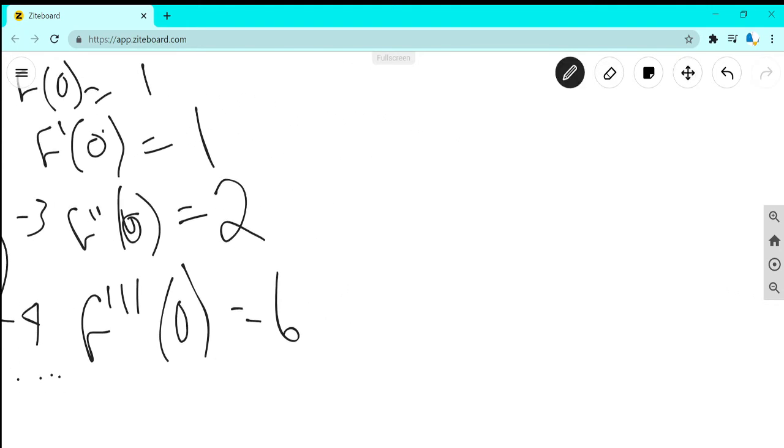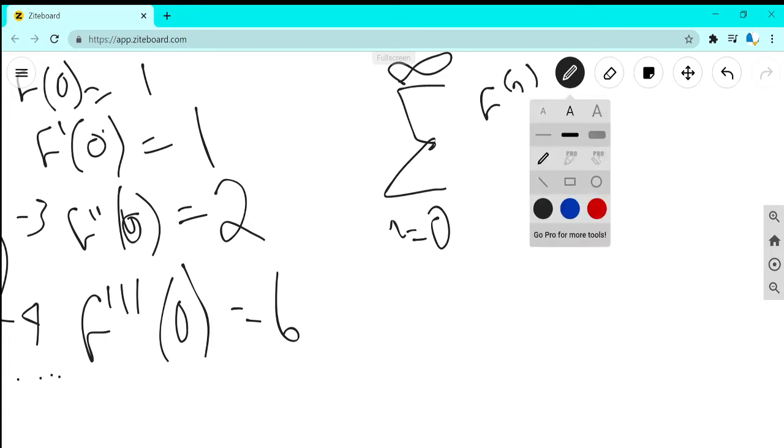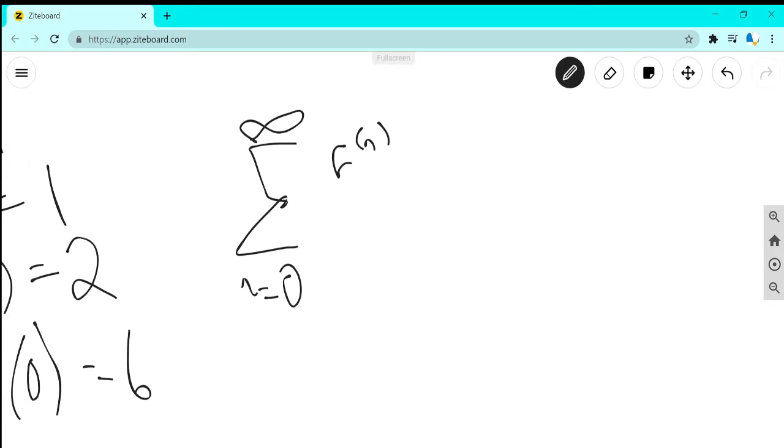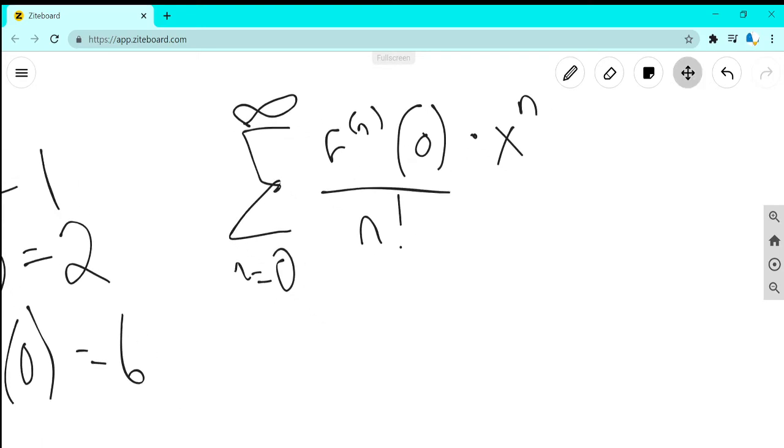And remember, we can go back to our formula. Our formula is sigma, to find the whole series, sigma n equals 0 to infinity of f nth derivative of 0 times x to the n, over n factorial. But I'm going to keep this here because it's going to be all the integers there.